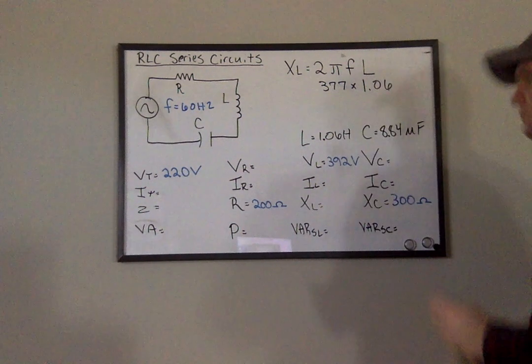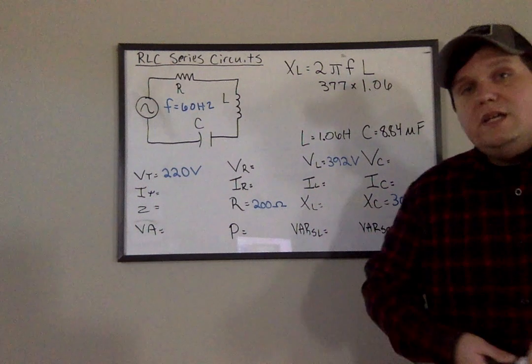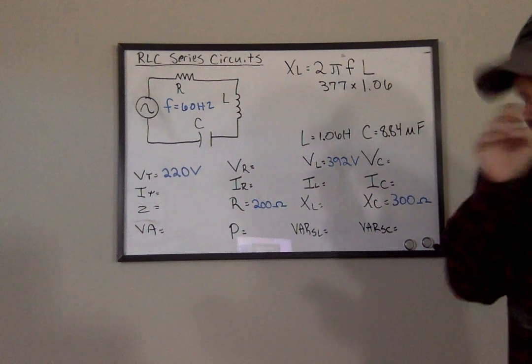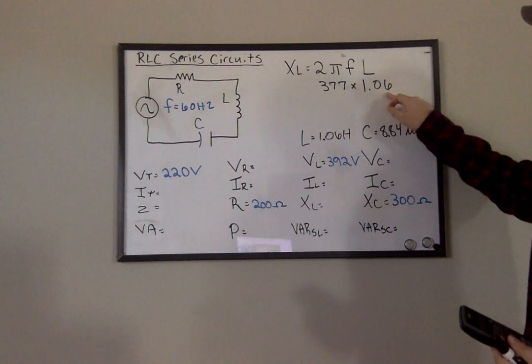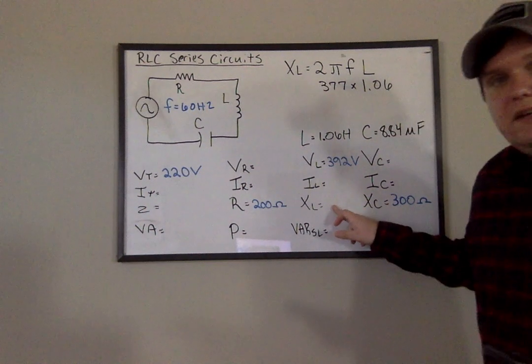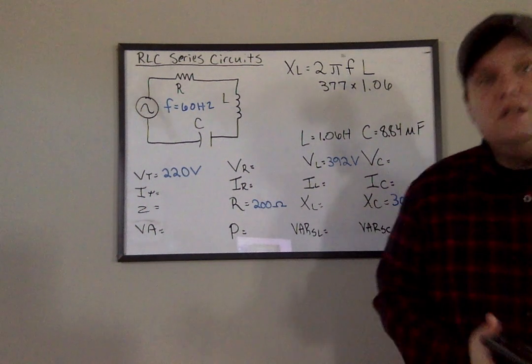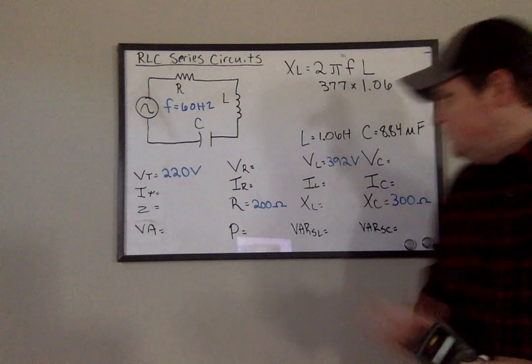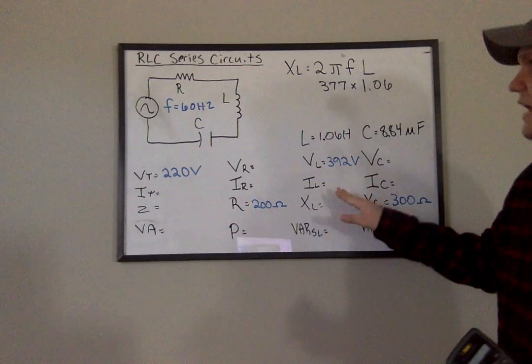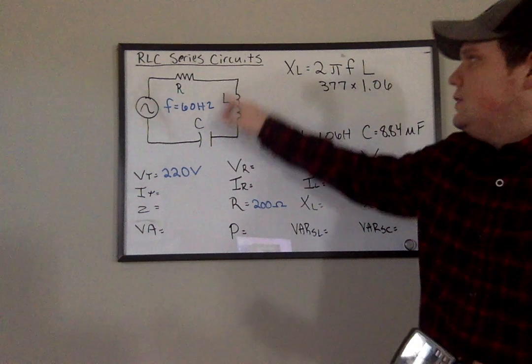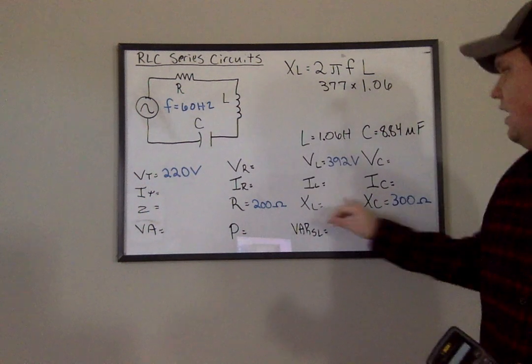The inductor's value is 1.06, so doing 377 times 1.06 will give me my inductive reactance. Remember, inductive reactance is the amount that I'm limiting current through this inductor.